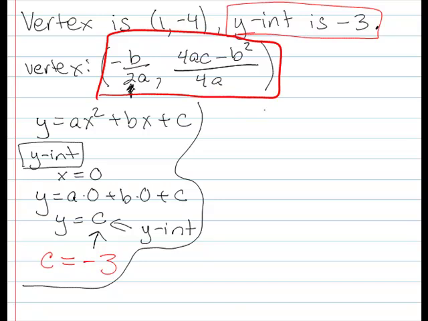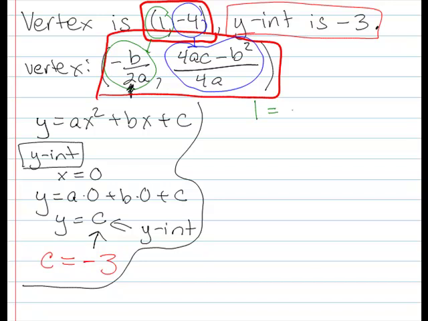We know from this vertex equation and from the vertex that's given, we can make a relationship that 1 is going to be equal to this thing, and -4 is going to be equal to this thing. Basically we're going to set them equal and solve. So we have 1 equals -b over 2a. Remember, I can stick that negative sign on the top or the bottom, wherever I want it to go.